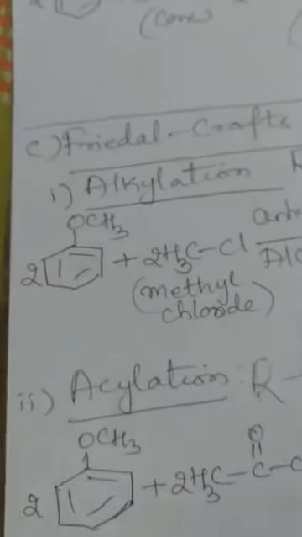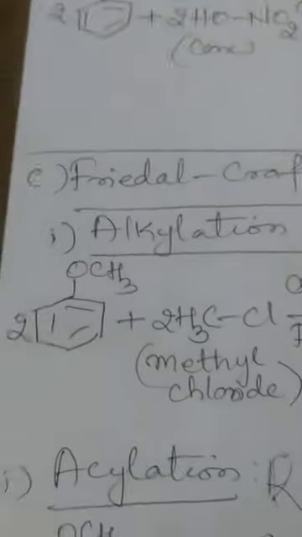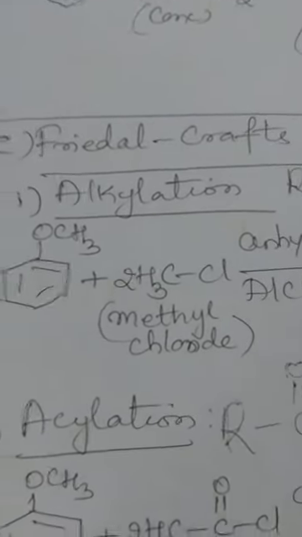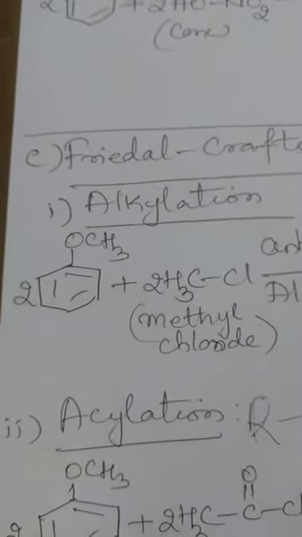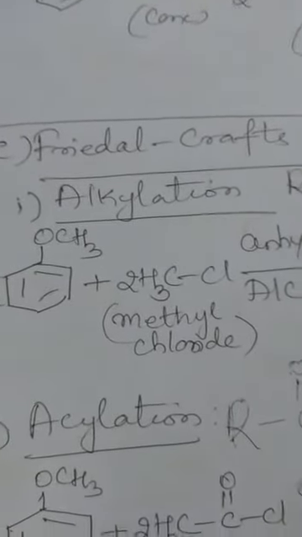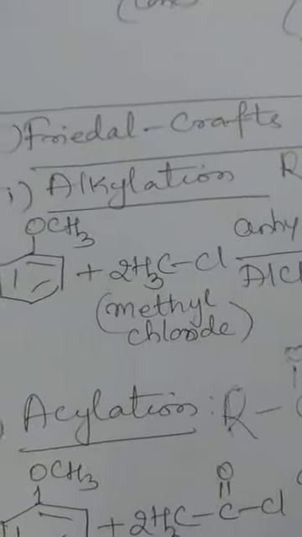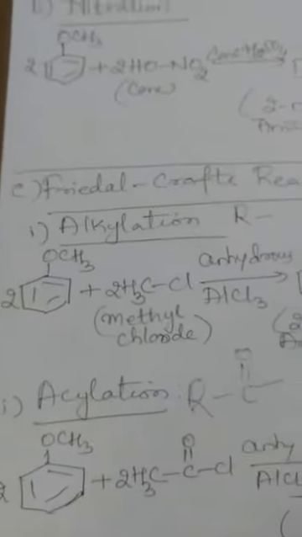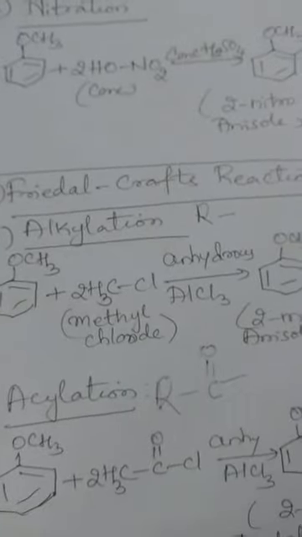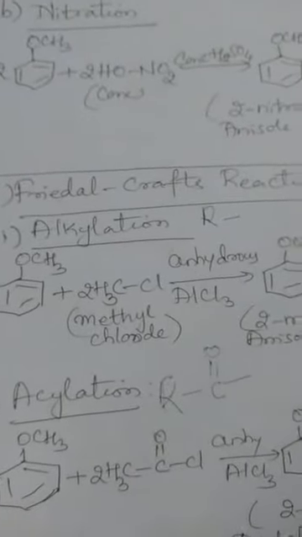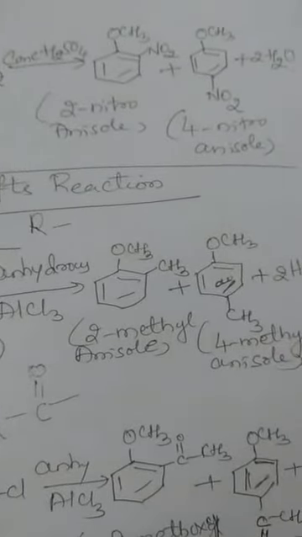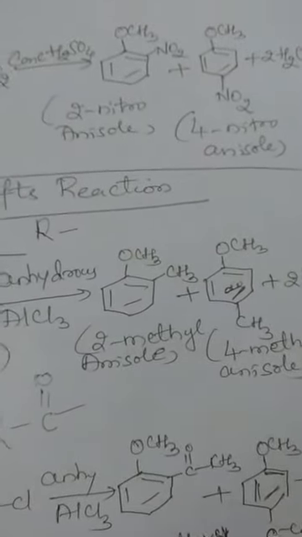So coming to the details of the alkylation reaction, anisole reacts with methyl chloride, CH3Cl. The alkyl group is the methyl group here. So anisole reacts with methyl chloride in the presence of anhydrous aluminium chloride, AlCl3, as catalyst to give a mixture of 2-methyl anisole and 4-methyl anisole.